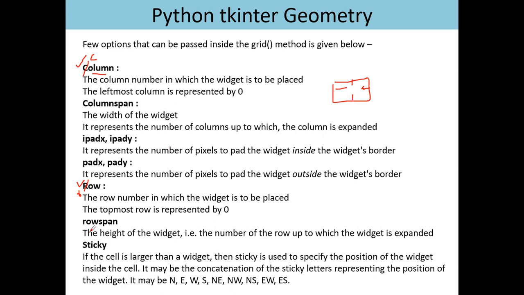Row span: if you want to span multiple rows, then you have to give row span. Then there is sticky northeast. See here, northeast, west, south. If you give NE, from north to east, it will fill the entire area.